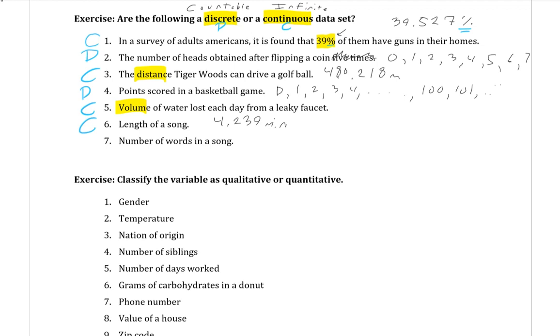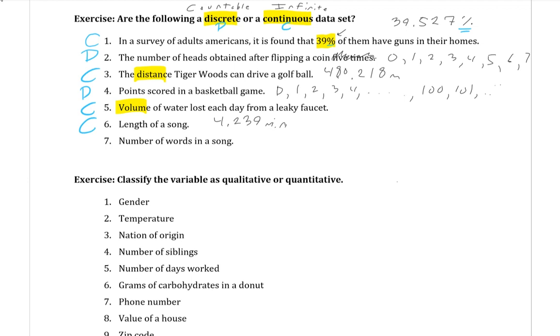Because then you could have 4 minutes and 30 seconds, or 4 minutes and 31 seconds, or 4 minutes and 32 seconds, 4 minutes and 33 seconds. These are all countable. If I was listing it like this, as it is on a YouTube video or on my iPod, then I would say that's discrete, because I can count them all logically. It would take a while to get to all possibilities, but I can still do it.